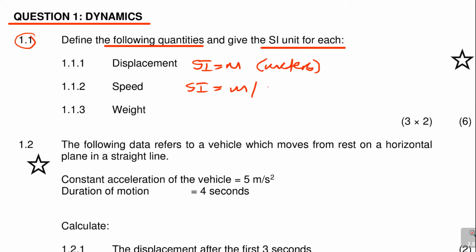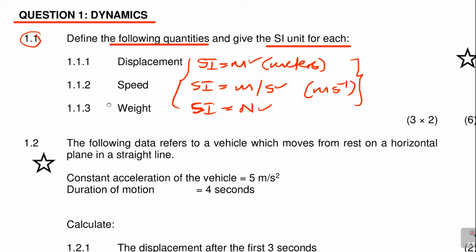Meters per second. Alright, and then what about weight? Weight is a force. So the SI unit of weight as a force is in newtons. Are you with me? So these were the SI units that they needed here. They were giving 3 by 2, meaning the SI unit was 1 mark each, and the definition was the other mark.